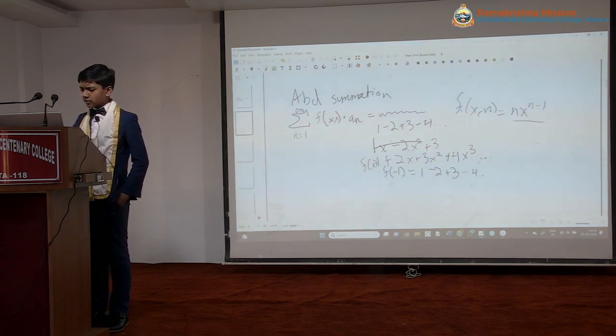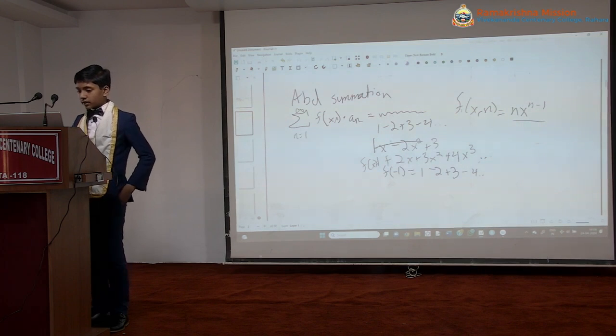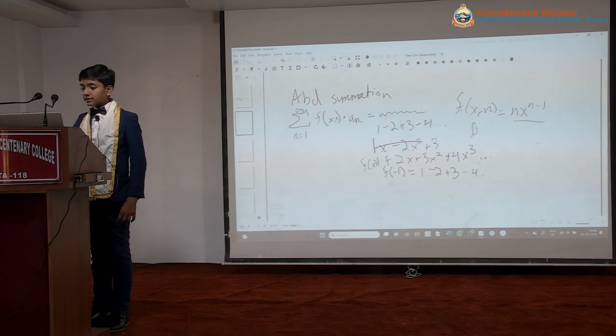Oh, wait, that looks a little bit familiar. But no, the power rule doesn't play a part in this, where x is just minus 1.